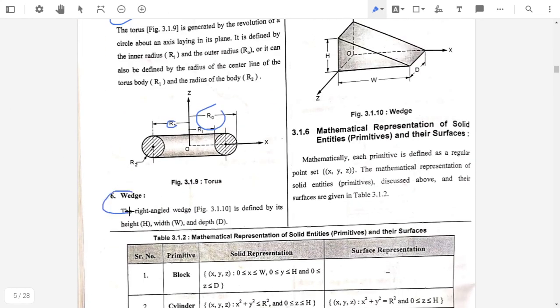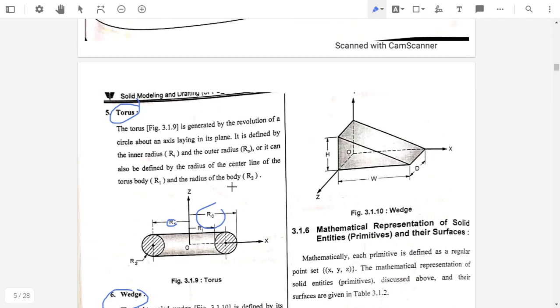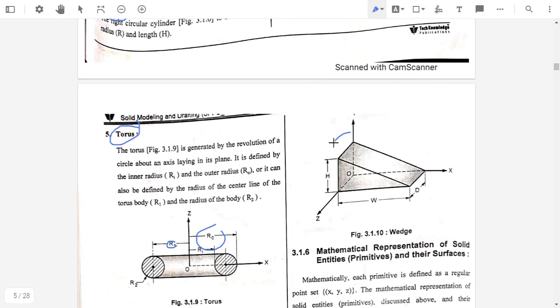And there is another one, the wedge. Wedge is this type of shape which is already present in the software. We can change its shape by changing the H, D, W dimensions.